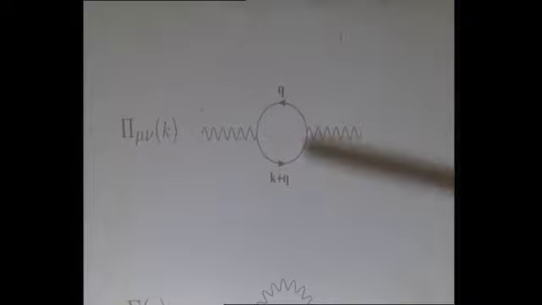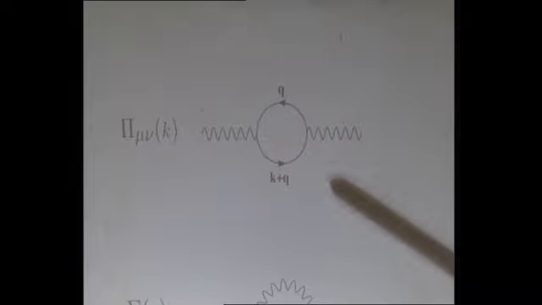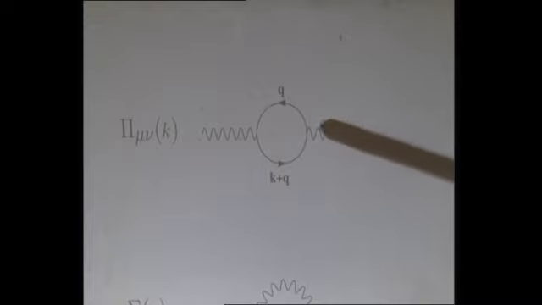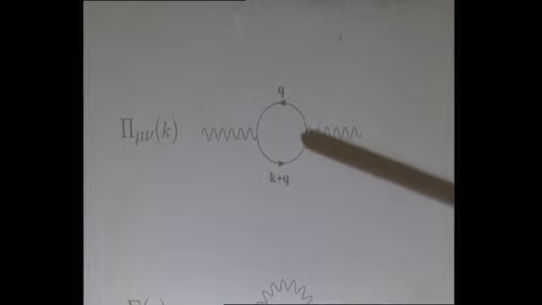This is a virtual pair which exists for a certain time, and then it reconnects and annihilates, giving you again the photon. These virtual processes have to be taken into account in the Feynman diagram calculations.